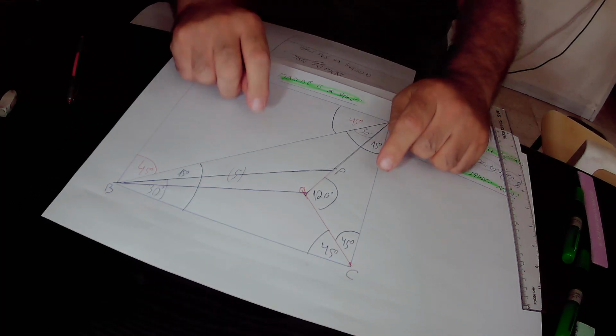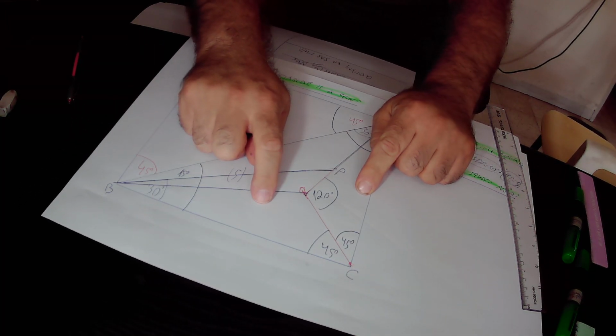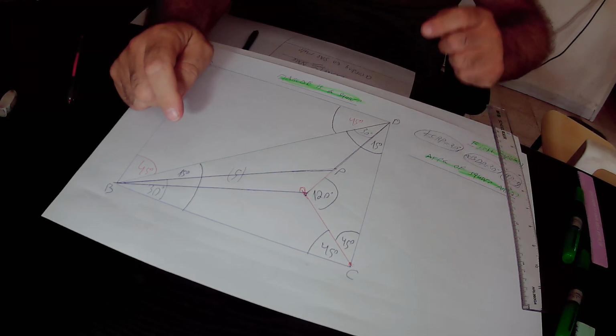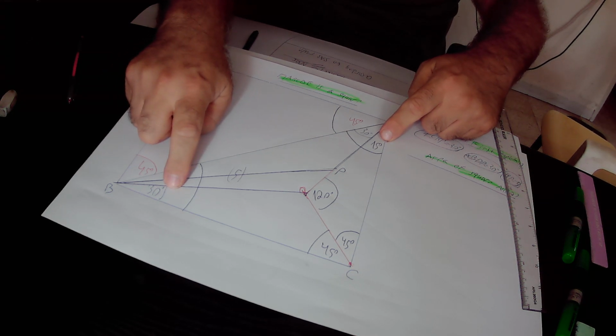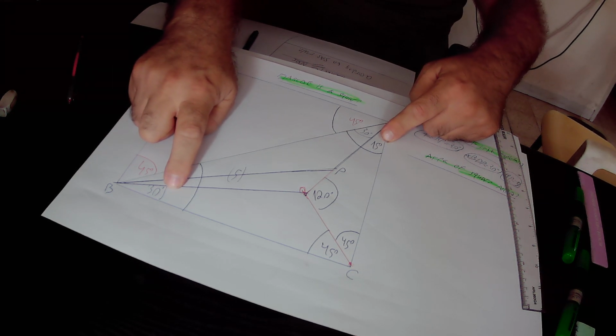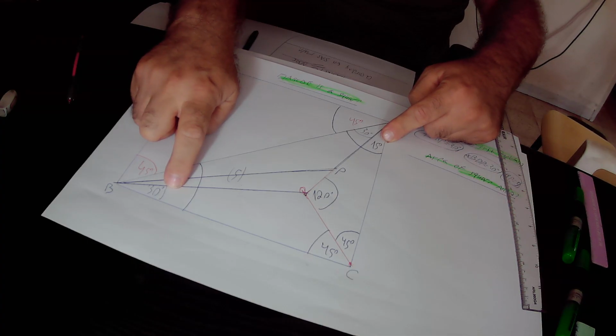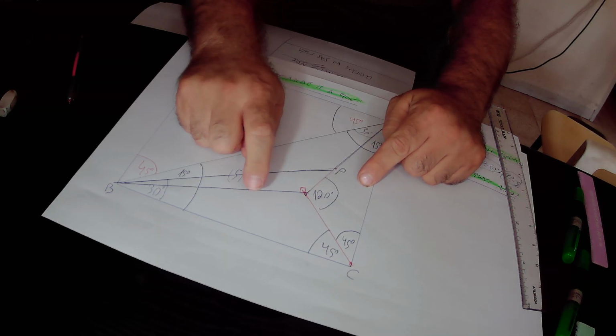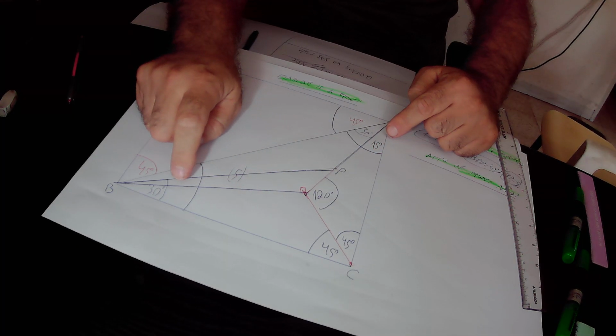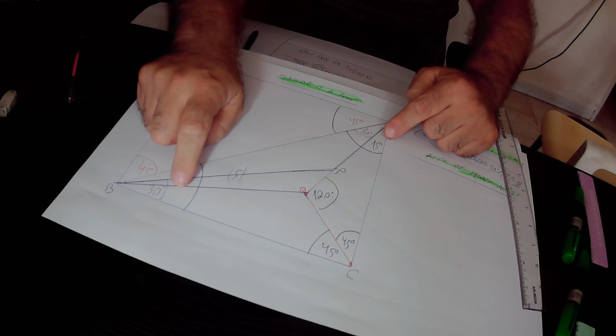And from the fact that those two triangles can go into each other, we derive that those two angles are equal to each other, according to the rule that corresponding angles in triangles that can go into each other are equal.